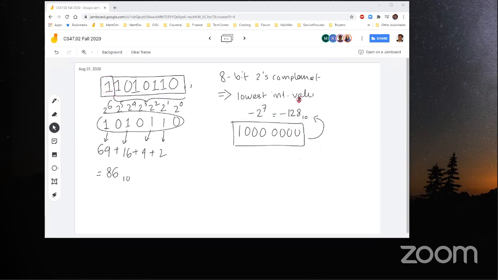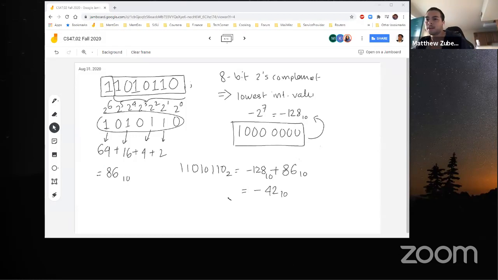So 1 1 0 1 0 1 1 0 in base 2 equals minus 128 from here, added to this unsigned value, which is minus 42. Is that okay, Matthew? Yeah, steps are clear. I think I get how to do it.